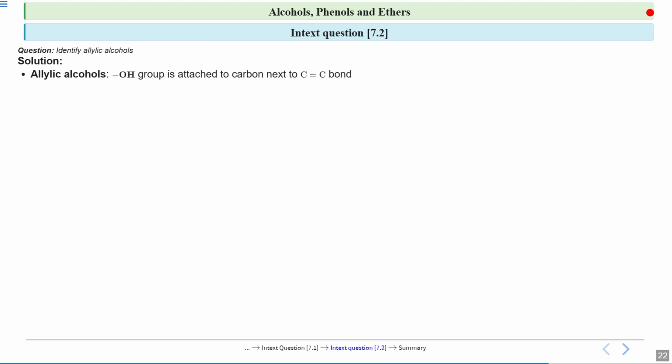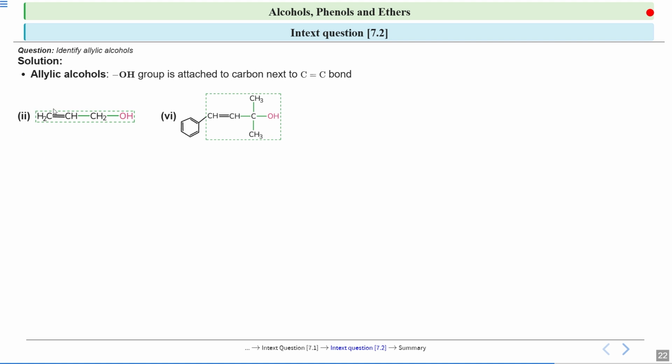First of all, let's understand what allylic alcohols are. Allylic alcohols contain a hydroxyl group attached to the carbon next to a double bonded carbon. That means the hydroxyl group is attached to an sp3 hybridized carbon atom which is attached to the double bonded carbon.